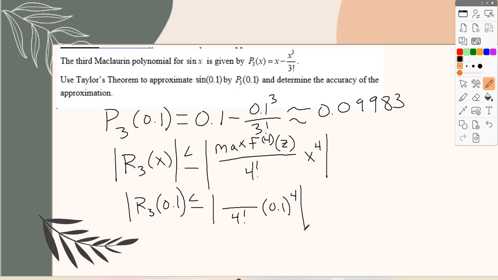That's as big as sine gets, yes? Remember that this approximation is for sine, so it really doesn't matter how far out I go, but specifically in the interval between 0 and my x, which would be 0.1, it's not going to get bigger than 1, so I can put my 1.